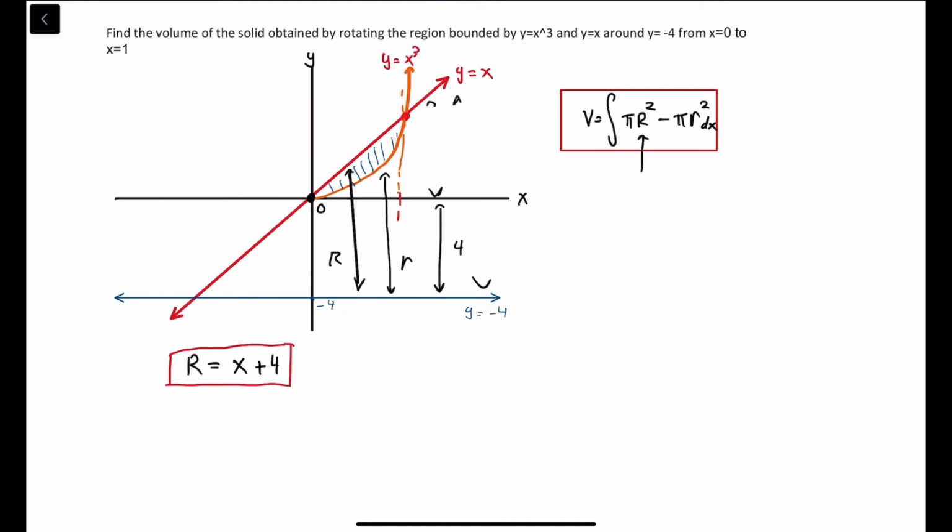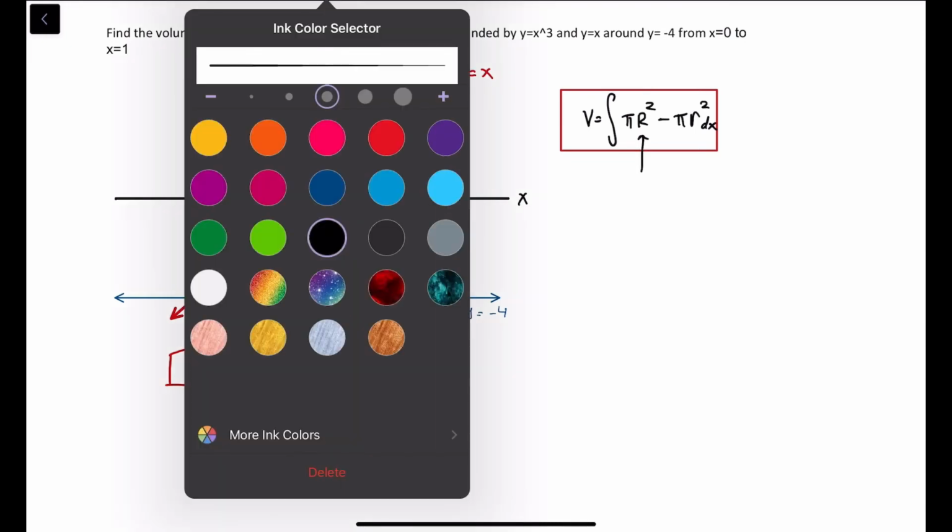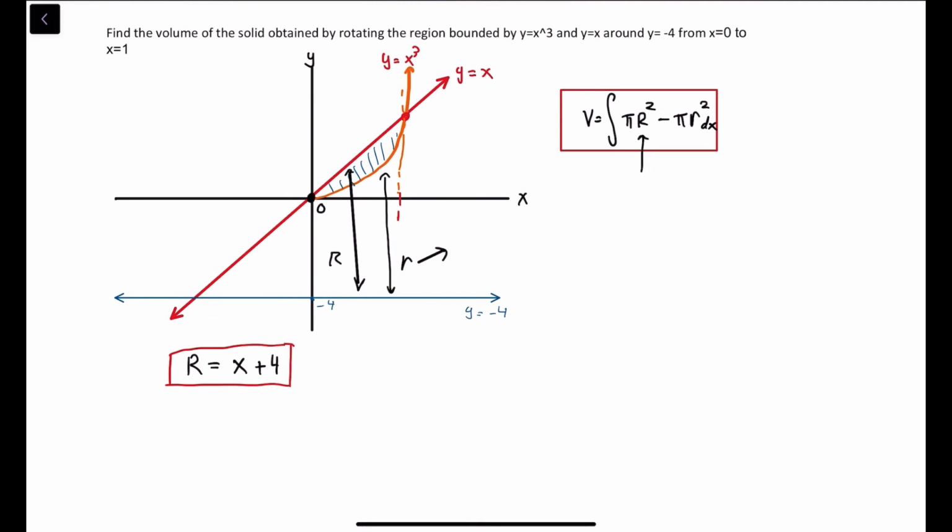And now we need to do the same thing for the curve y equals x cubed. So now we need to find this r right here. So again, the distance from y equals x cubed to the x-axis is x cubed. And then the distance from the x-axis to y equals minus 4 is 4.